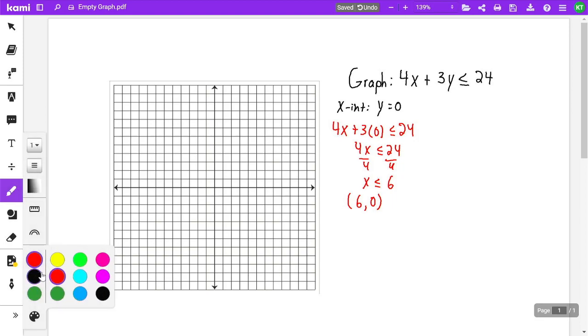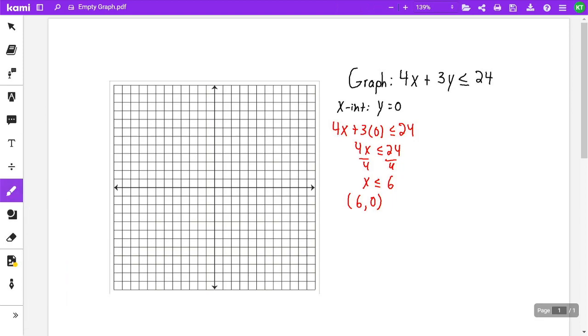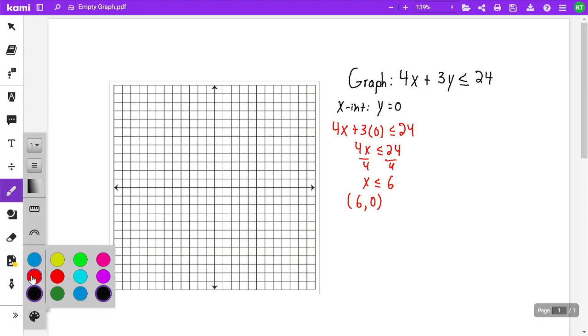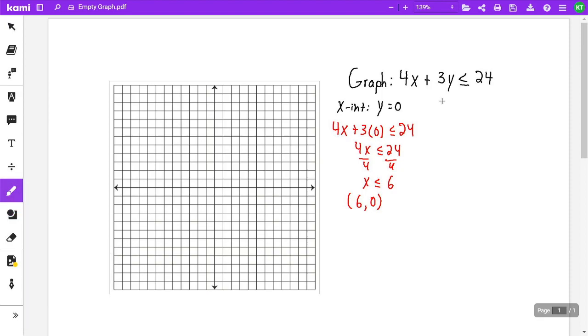And then we're going to do the same thing for the y-intercept. So for our y-intercept, that is when x is going to be equal to 0. So we'll do the same exact thing here now, where we will have 4x, and now this time x is going to be 0, so 4 times 0 plus 3y is less than or equal to 24.